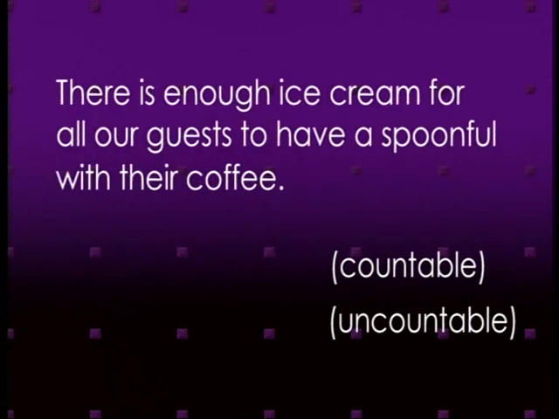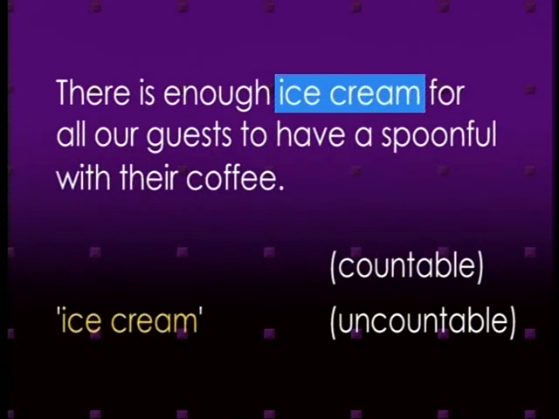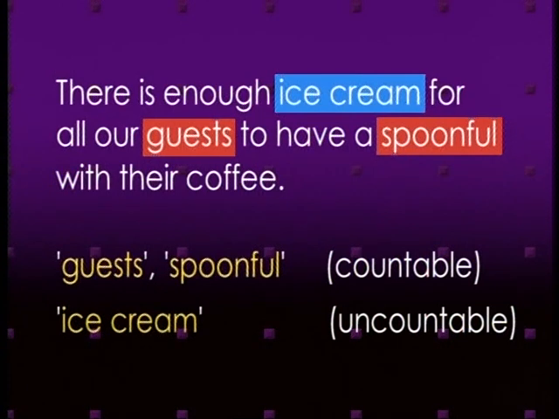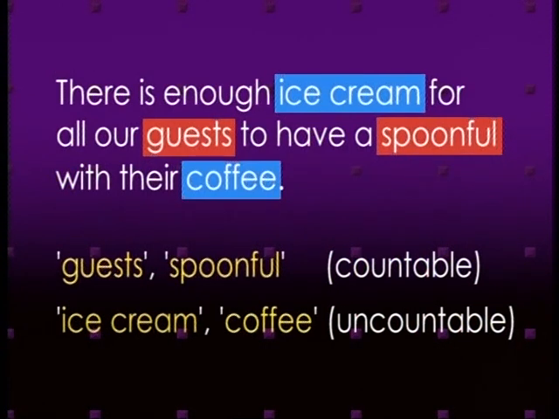There is enough ice cream for all our guests to have a spoonful with their coffee. Ice cream cannot be counted, though it can be measured. Guests are individuals and can be counted. Spoonfuls can also be counted, but coffee cannot, although cups of coffee can be counted.